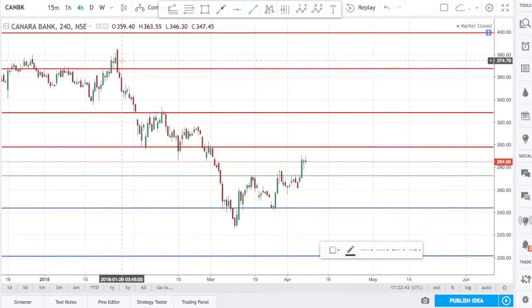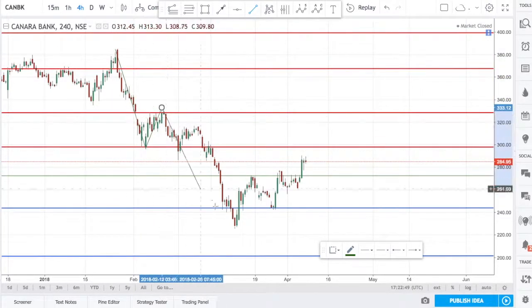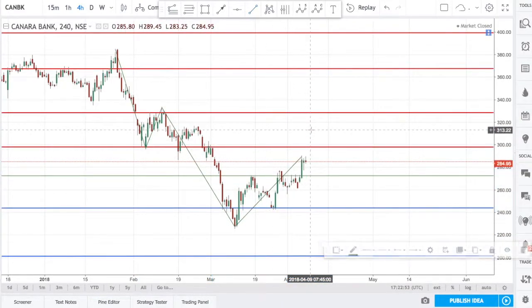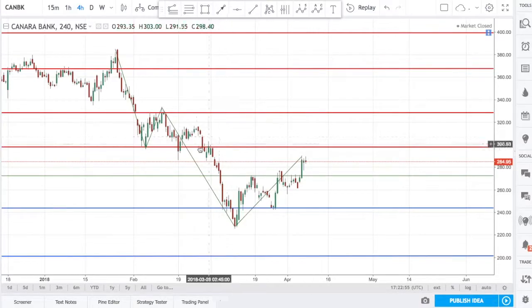Canara Bank is making a lower low and lower high, and this lower high here is not violated yet, which tells us the downtrend is still intact.